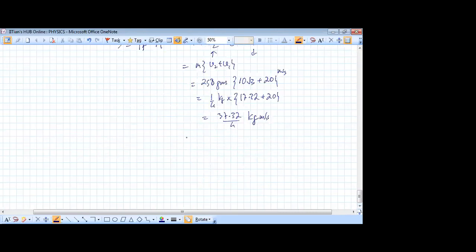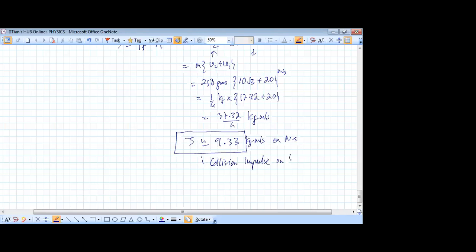So the impulse is approximately 9.33 kilogram meter per second, or Newton second, whatever unit we choose to express. This is the impulse applied by the ground.